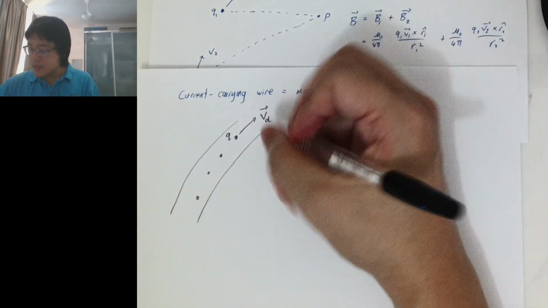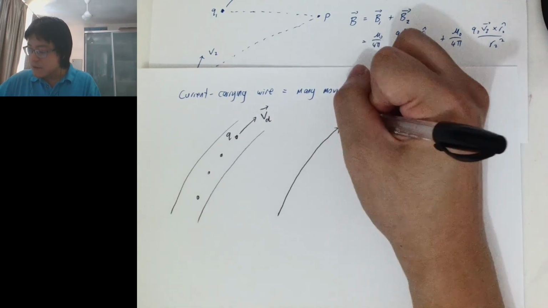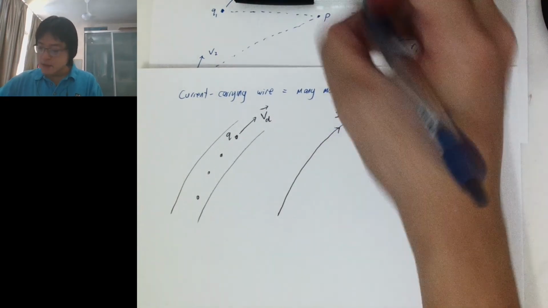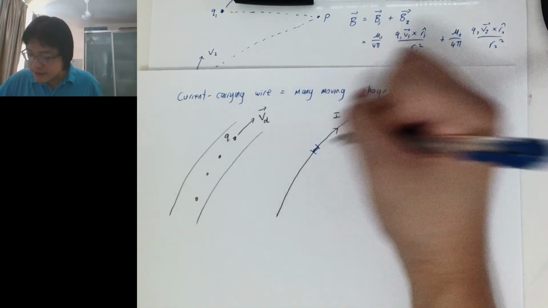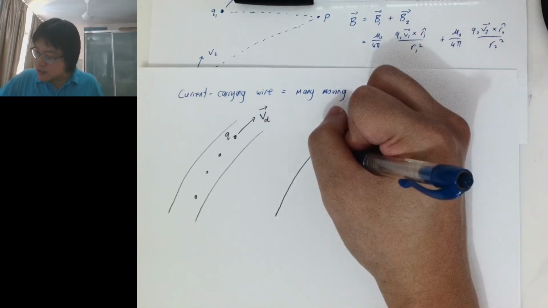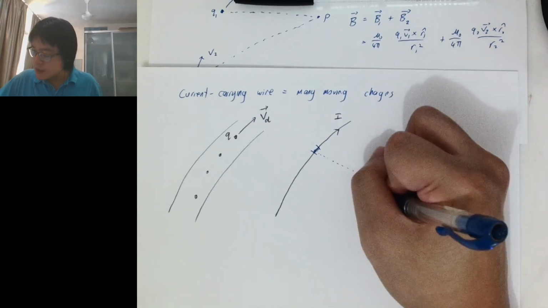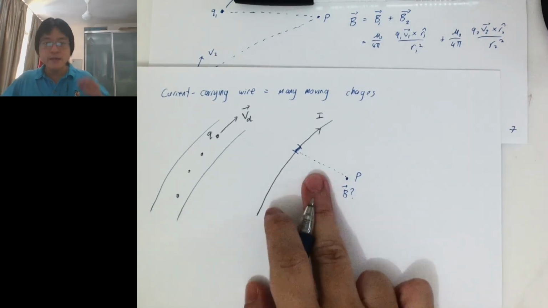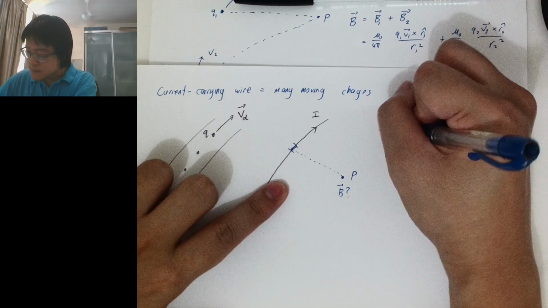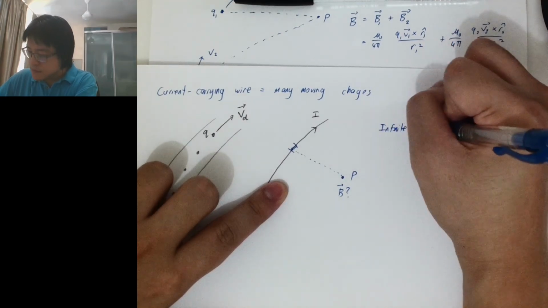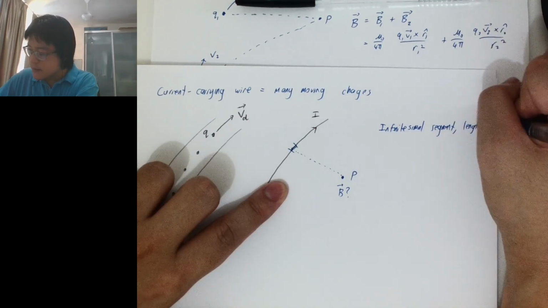If I zoom out, what I'm going to have is a wire carrying current I. If I chop this into many pieces, this is an infinitesimal part. I want to calculate the magnetic field created at point P. So we look at the infinitesimal segment, and the length is dl.